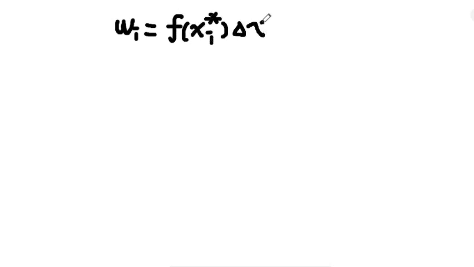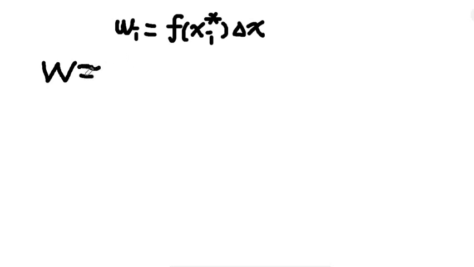So the work Wi is f(xi star) times delta x, which is the rectangle area, the area of the i-th approximating rectangle. Then how can we get the total work of the object when we apply the force f(x) from a to b?